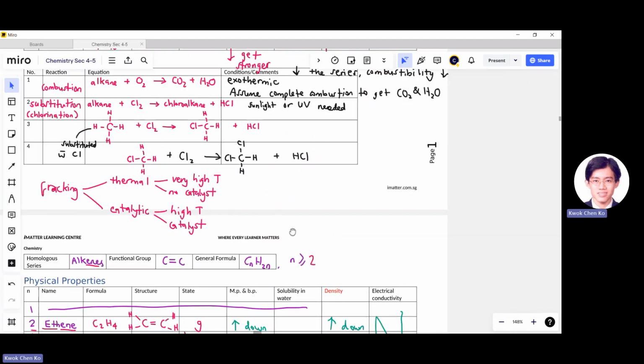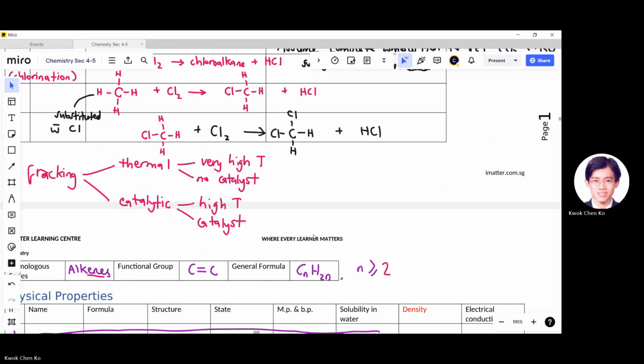But in general, you will have this. You have an alkane. Now, whether thermal or catalytic, the reaction is the same. First possibility, alkane, remember this about alkane, is going to crack. Crack means break into small fragments.